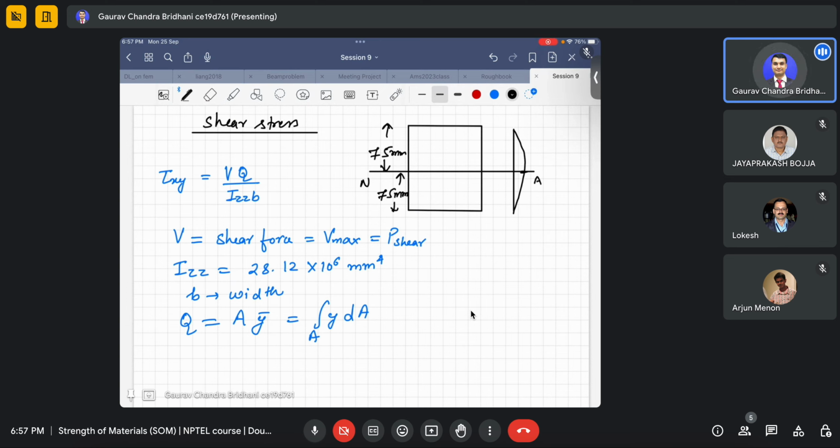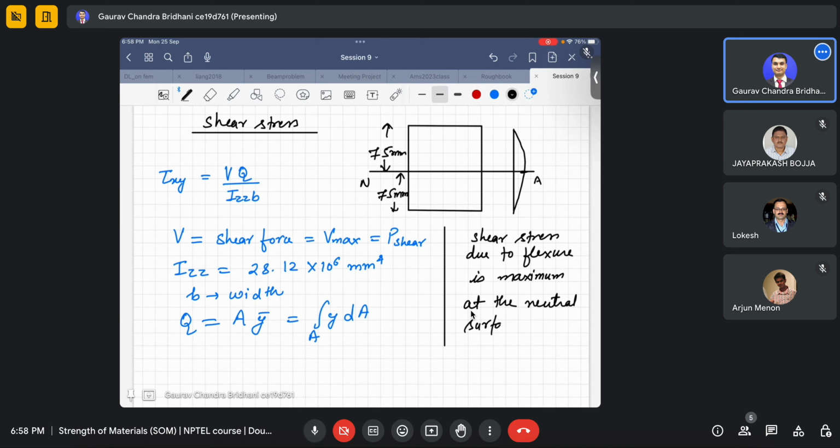Now I have this knowledge that the shear stress is maximum at the center, or at the neutral surface. So I will write here: shear stress due to flexure is maximum at the neutral surface or neutral axis.